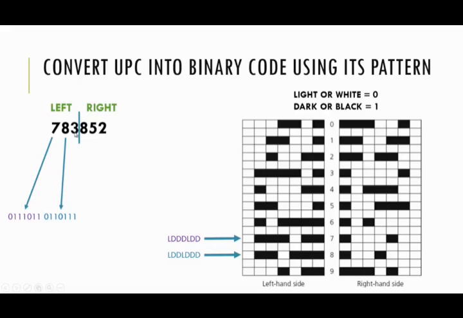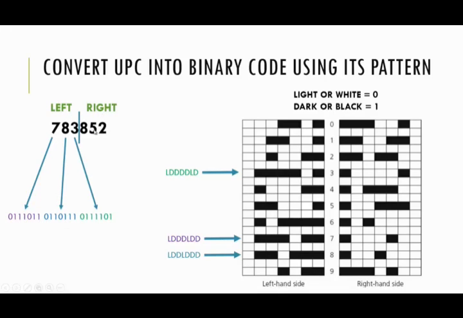Okay, now the last digit on the left hand side is 3. Now 3 is L L double D double D L D, and the binary number of that would be 0111101. Now we have converted all the digits of the product code on the left hand side into its binary equivalent.